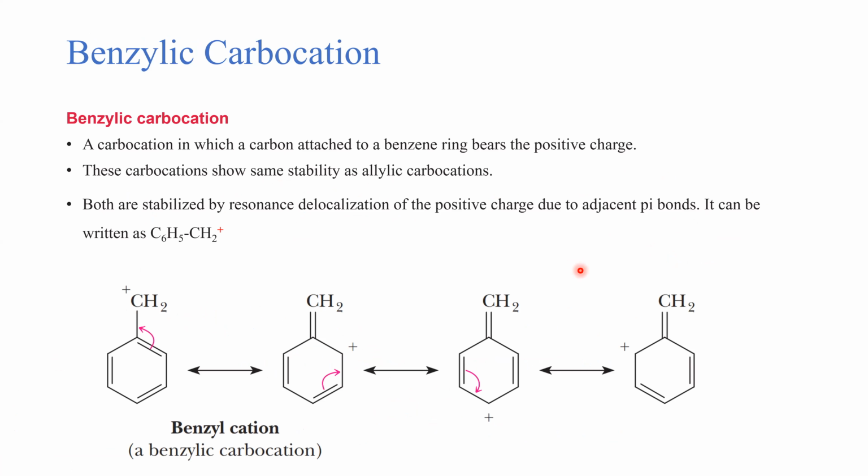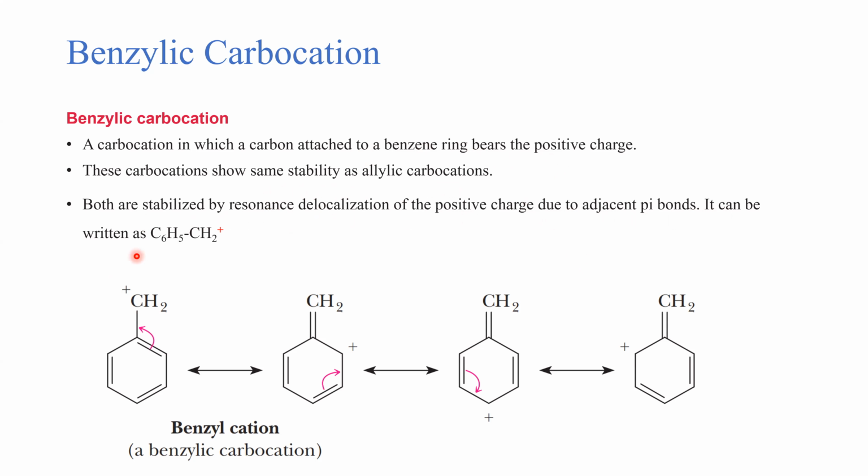Now, another important carbocation is the benzylic carbocation. A benzylic carbocation is one in which a carbon attached to a benzene ring bears the positive charge. These carbocations show the same stability as allylic carbocations. Both are stabilized by resonance delocalization of positive charge due to adjacent pi bonds.